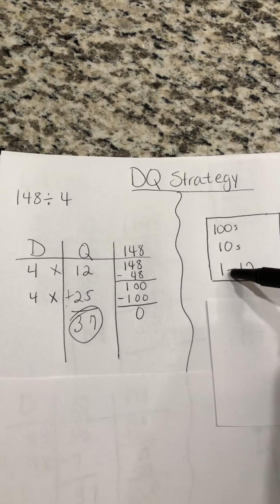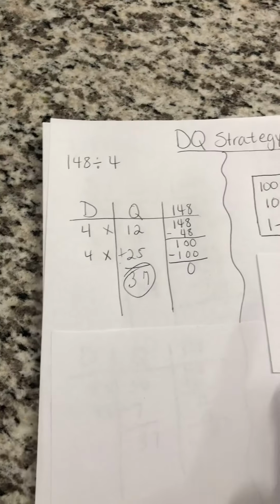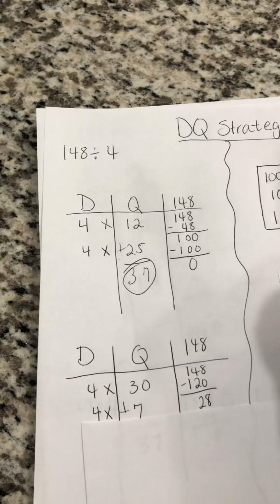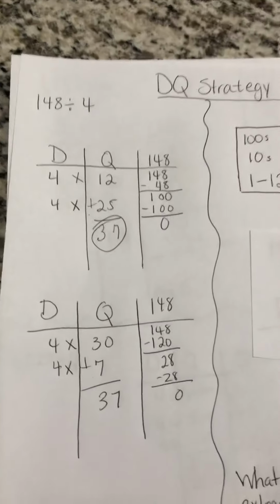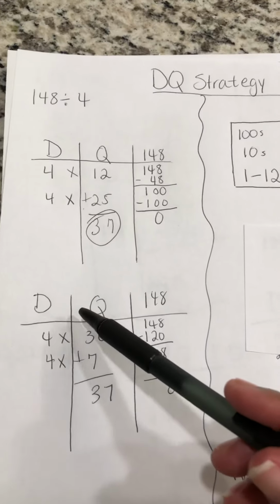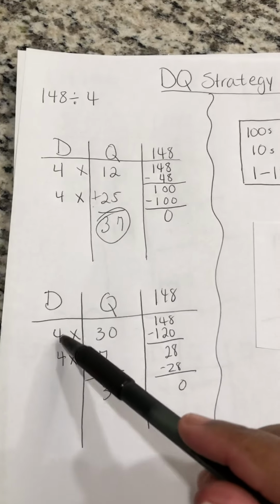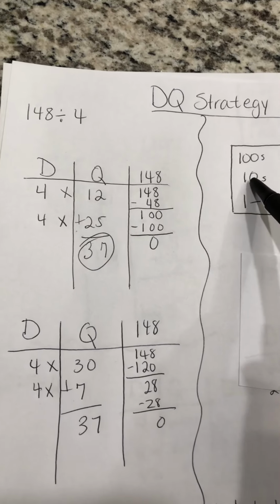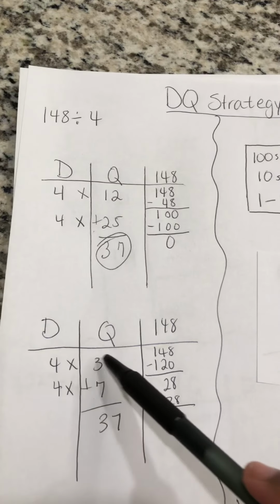Okay, and then we have our basic numbers between 1 through 12 that I did not have to use this time around. Okay, so let's take a look at this same problem really, but I just decided to use a multiple of 10 this time. So we're still dividing 148 by 4. But here I decided to use a multiple of 10. I decided to go with 4 times 30.